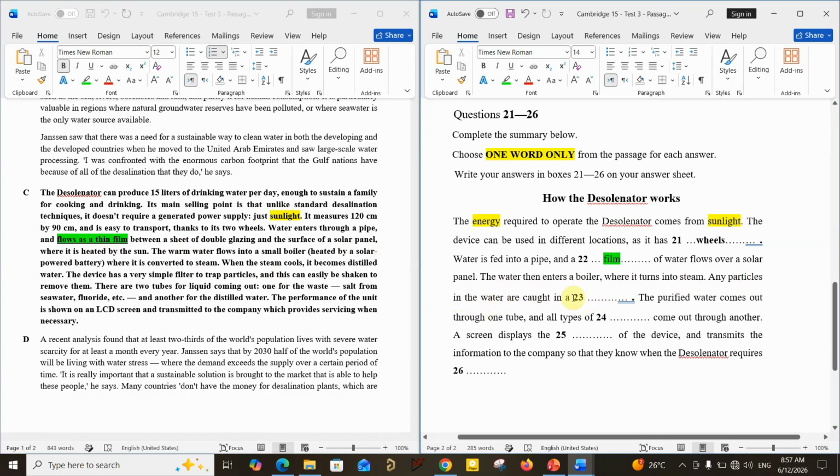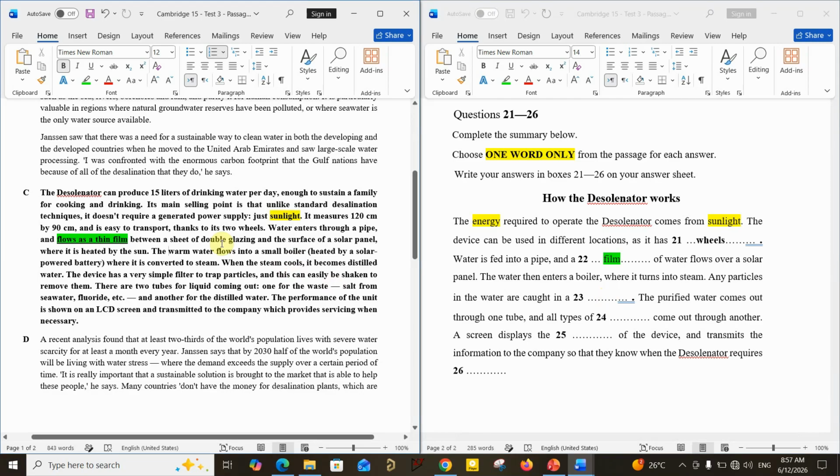Here it says that where it is heated by sun, the warm water flows into a small boiler where it is converted to steam. When the steam cools, it becomes distilled water. The device has a very simple filter to trap particles.